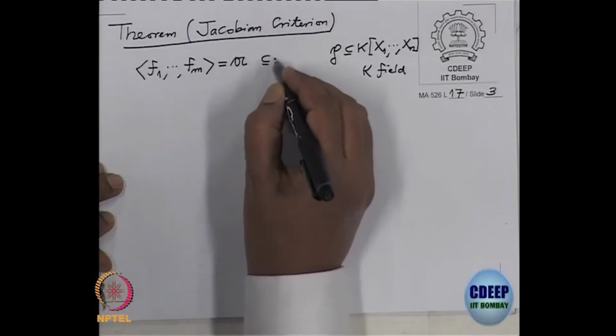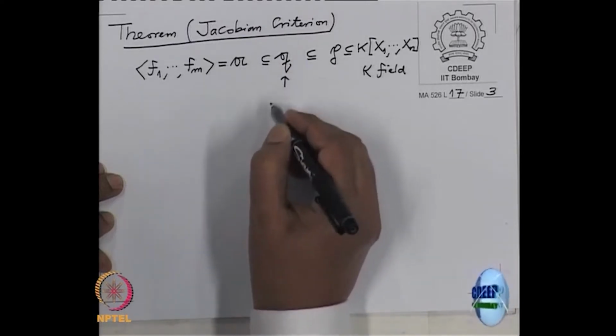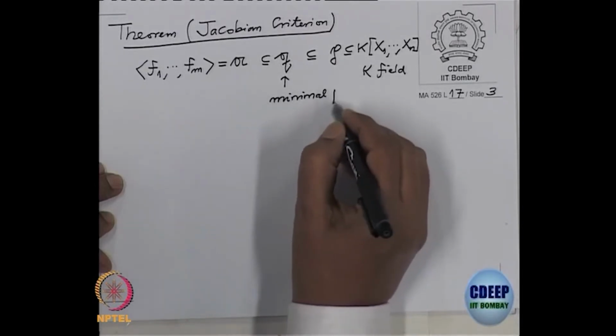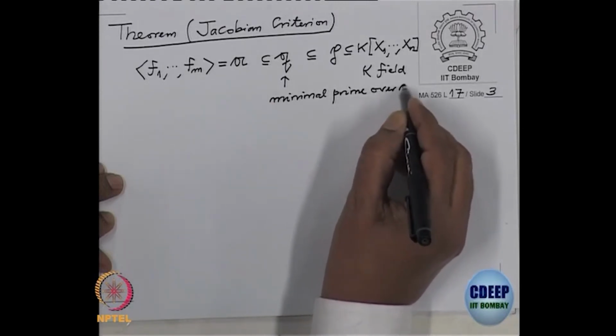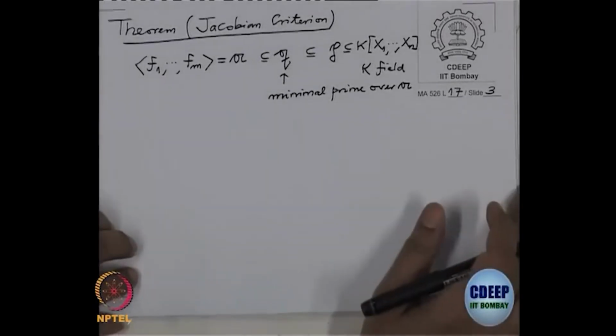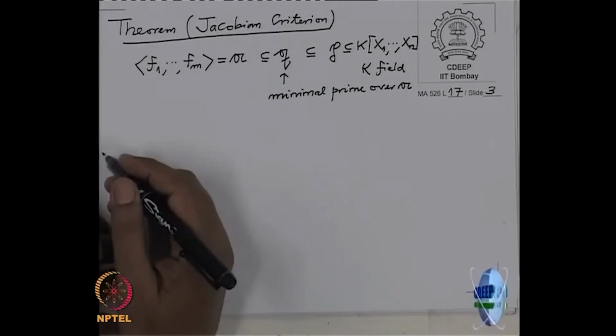In between, this Q is a minimal prime over A. That is the situation. Okay, and what are we denoting?